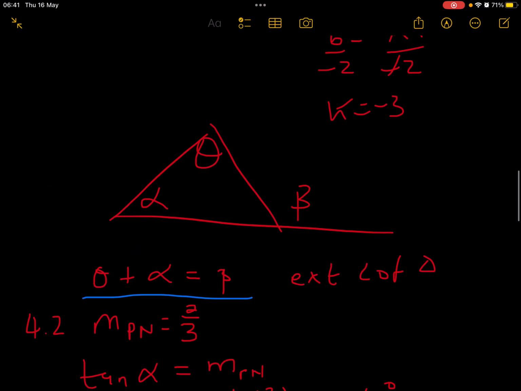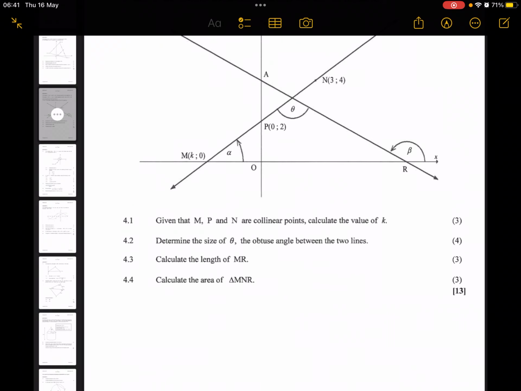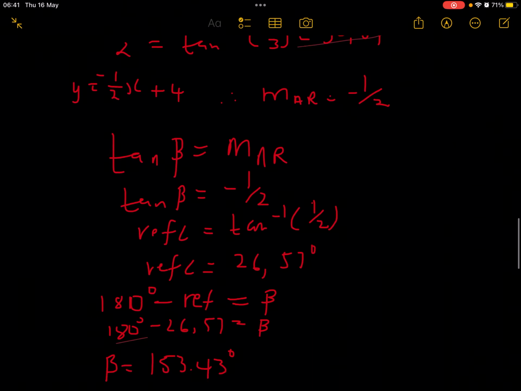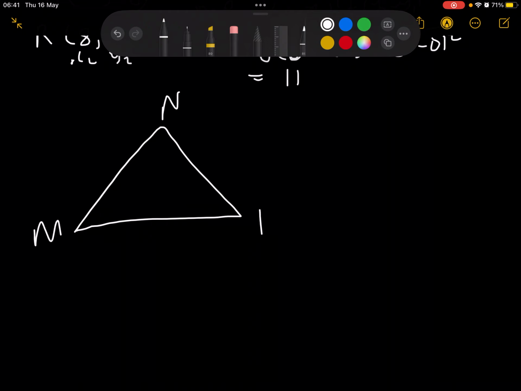The last question tells us to calculate the area of MNR. So we have all those three points. MNR, so we need to redraw that. It's triangle MNR. Now, the length of MR we already know, but the length of MN we don't know.